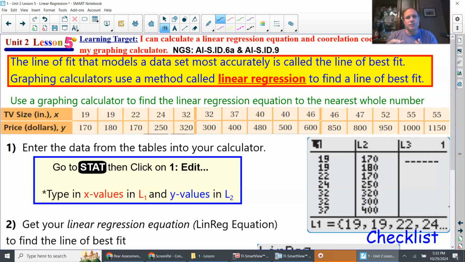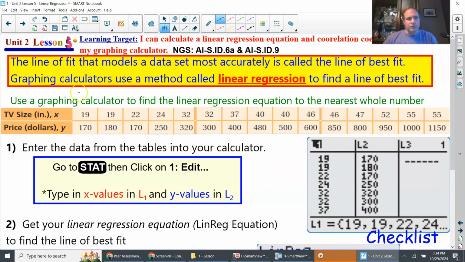You're going to use the scatter plot data and put it directly into L1 and L2, and then you get your linear regression equation and find that line of best fit. The line that models the data most accurately is called a line of best fit. The graphing calculators use a method called linear regression to find the line of best fit.